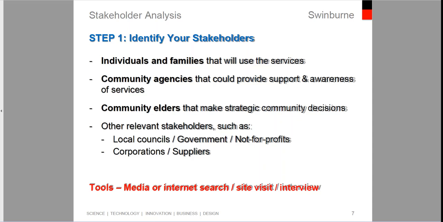And also it's particularly important to identify the community elders and the decision makers, right? Community elders, as mentioned before in my past lectures, hold immense wisdom and cultural knowledge. So they play a very vital role in making strategic decisions that align with the community's values, right?